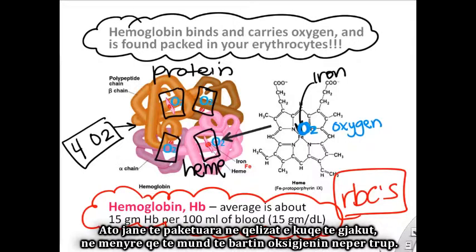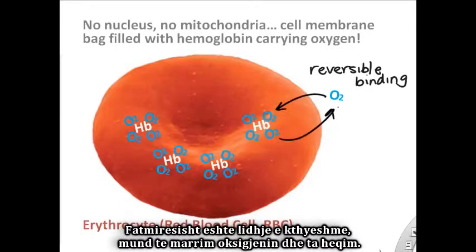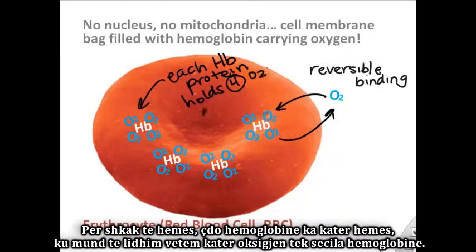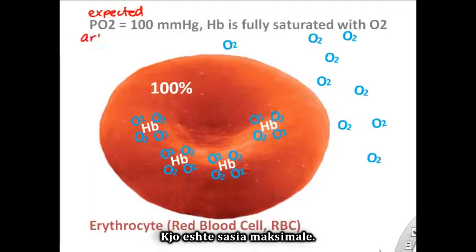These are packed into your red blood cells so that we can carry oxygen around our body. And luckily, it's reversible binding, so we can pop the oxygen on and off. Because each hemoglobin has 4 hemes, we can only bind 4 oxygens to each hemoglobin. That's the maximum amount.